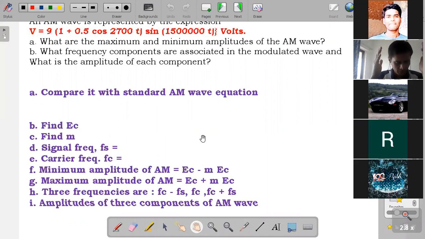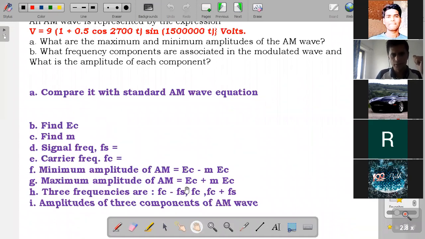Then second, find EC from that standard equation, then find small m, then signal frequency denoted by Fs, carrier frequency denoted by Fc, then minimum amplitude of AM is EC minus MEC, maximum amplitude EC plus MEC, three frequencies FC minus FS, FC, FC plus FS, and amplitude of the three different components. Now see how to solve this example.